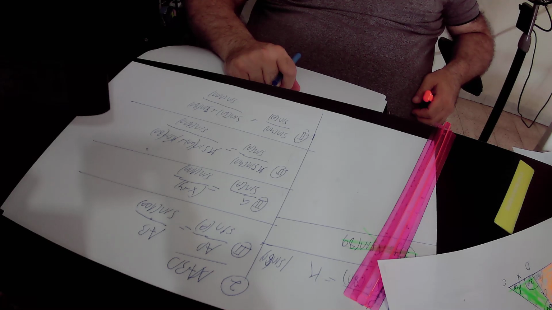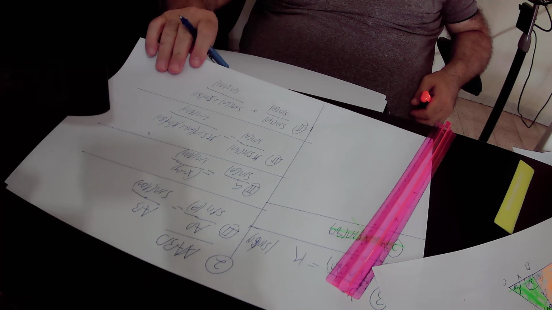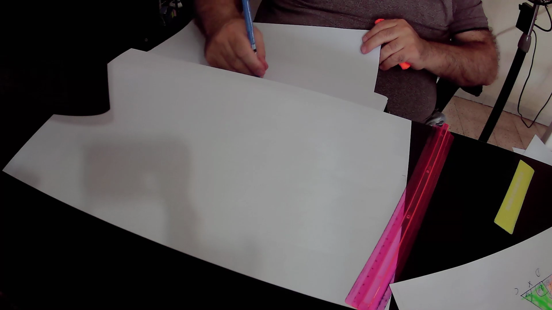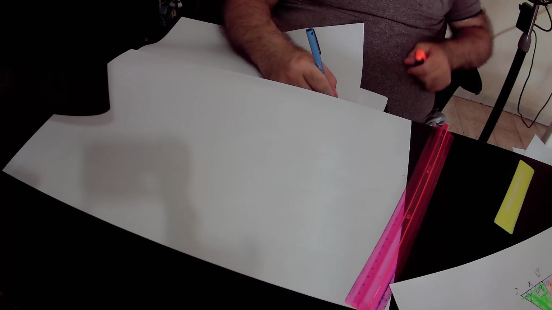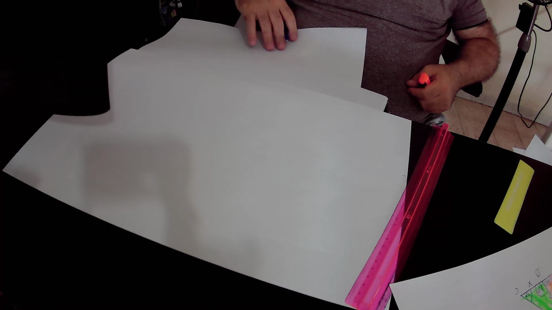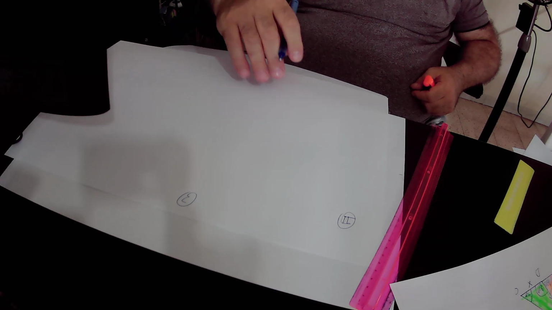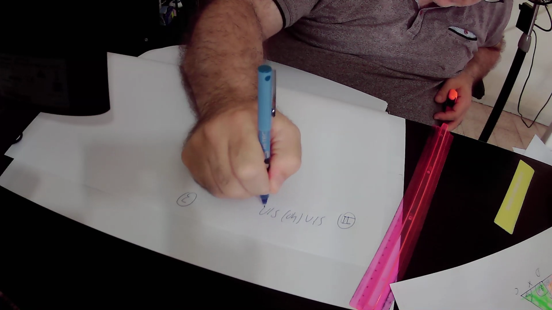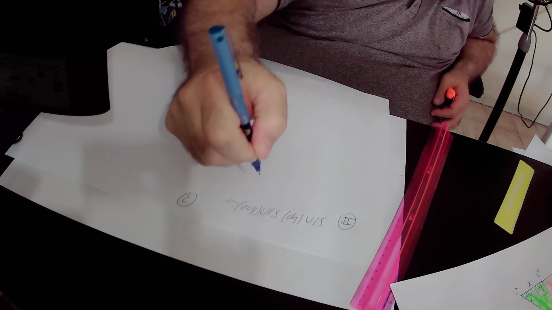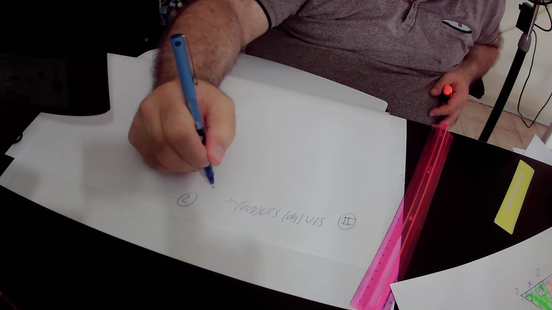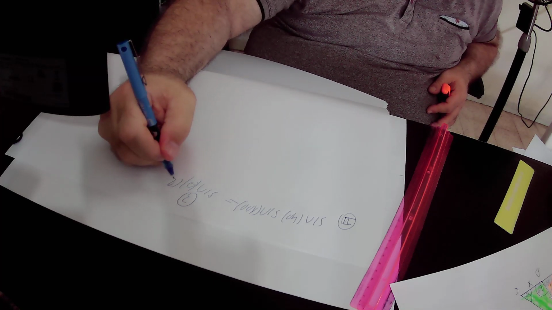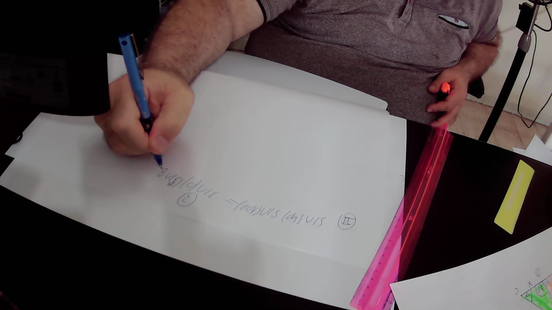Here we will cross multiply this equation, and we get that sine 40 degrees times sine 100 degrees equals sine theta times sine 80 degrees plus sine 60 degrees.